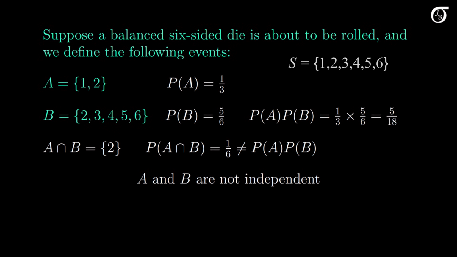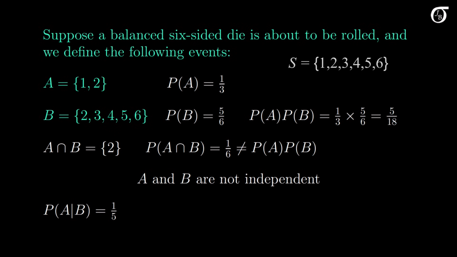If we thought of this in terms of conditional probabilities, the probability of A given B is 1 over 5, as only one of the 5 equally likely numbers in B is also in A. This is much less than the unconditional probability of A of 1/3. The knowledge that B has occurred eliminates the number 1 as a possibility, and that really bashes down the probability of A in this case.